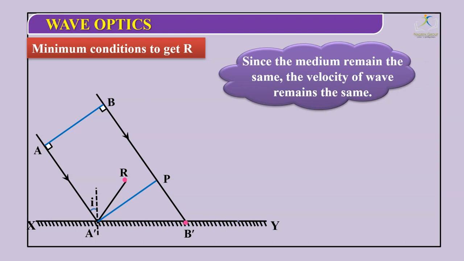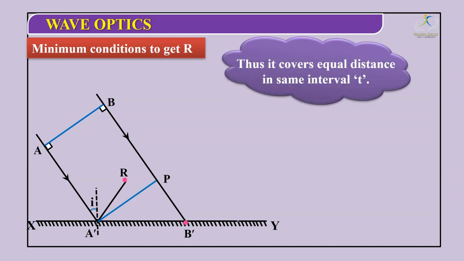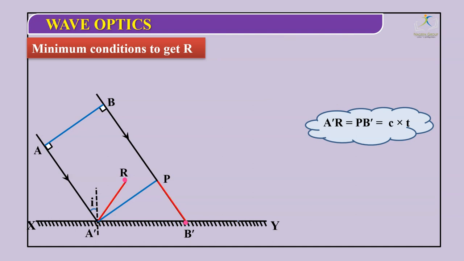Since the medium remains the same, the velocity of the wave remains the same. Thus, it covers equal distance in the same interval of time, which, if I'm taking a small t, gives A prime R equal to PB prime equal to ct.